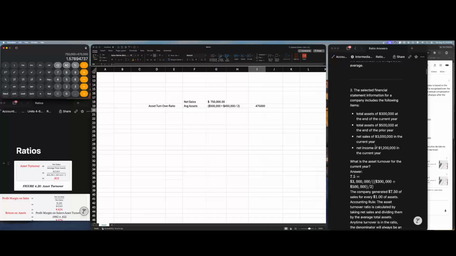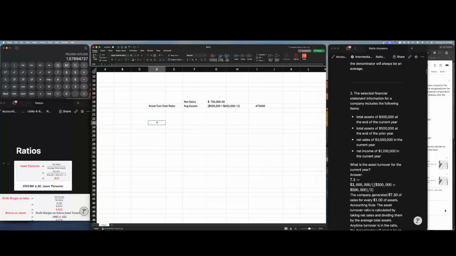So what's the turnover ratio for this one? Net sales of 4 million divided by the average assets from the previous year plus the current year divided by 2.